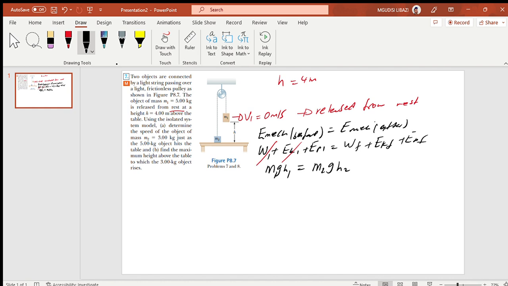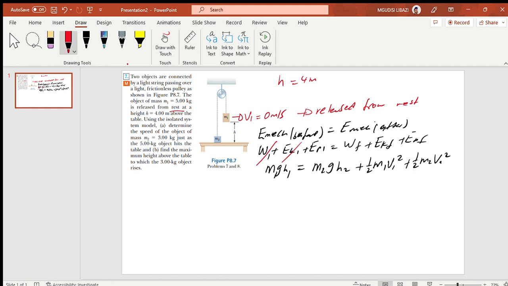We do have kinetic energy for both boxes because they will have a certain final speed just before the box m1 hits the table. So we have 1 over 2 m1 v1 squared plus 1 over 2 m2 v2 squared.